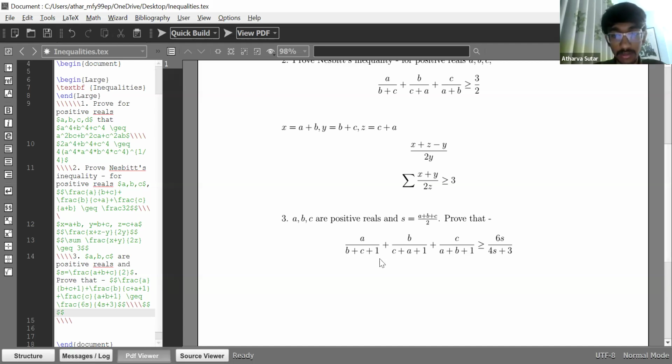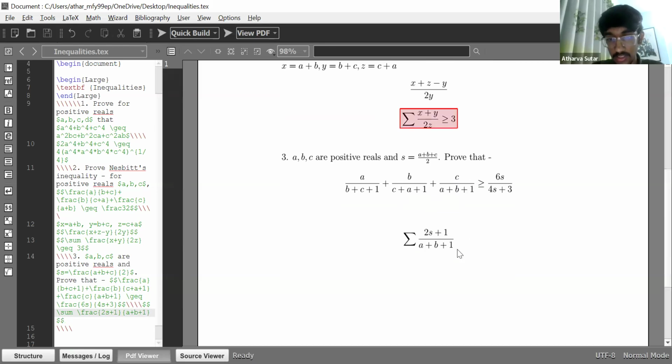You also notice that the sum of the numerator plus denominator for each term is the same, which is 2s plus 1. So adding 1 to every term, you get this as the general term, and you use T2 on this. The sum of the denominators comes out to 4s plus 3.